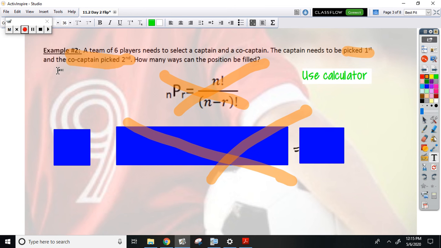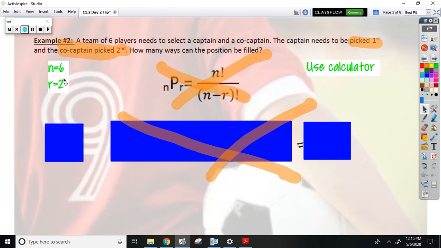So first of all, let's talk about what N and R are. Remember, N is the total number of items, or people in this case. So we have 6 total players, and we're picking 2 from that. This is a permutation because the order in which you're selected would matter.